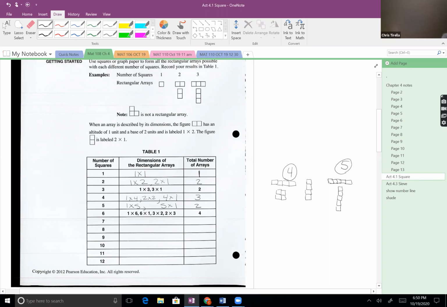How many rectangles did you get with, did everybody get 3 rectangles with 4 blocks, 2 rectangles with 5 blocks? How many rectangles did you get with 7 blocks? Anybody?